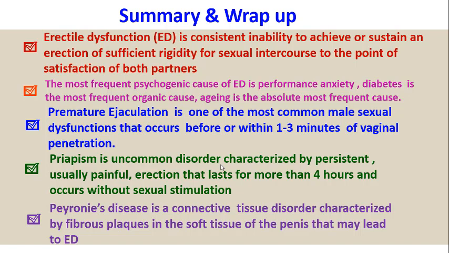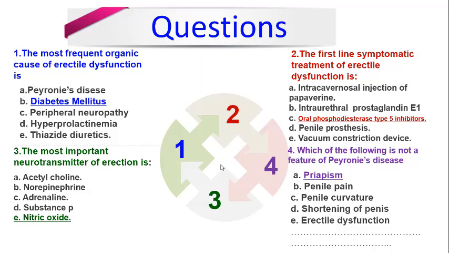Premature ejaculation is one of the most common male sexual dysfunctions. Priapism is uncommon, associated with prolonged painful erection. Peyronie's disease is a connective tissue disorder characterized by formation of fibrous plaque in the penis leading to erectile dysfunction and bending of the penis.